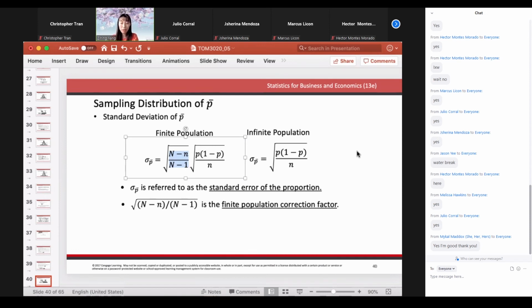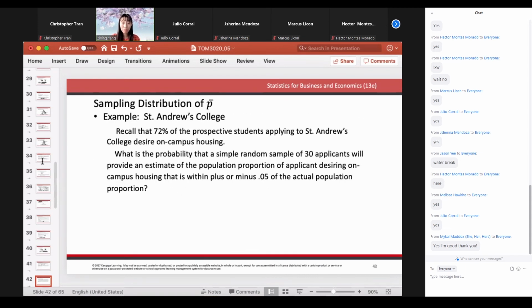Now let's dive into our calculation. For the population, the proportion is 0.72. When we select a sample of 30 and do the estimation, we wanted the estimation to be close enough, and we decided that means within plus or minus 5%.